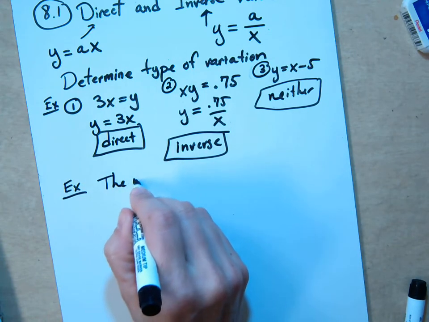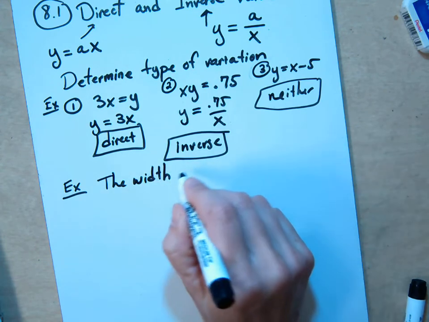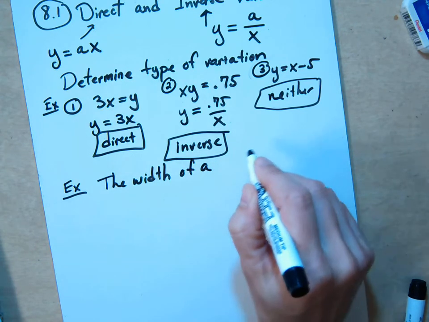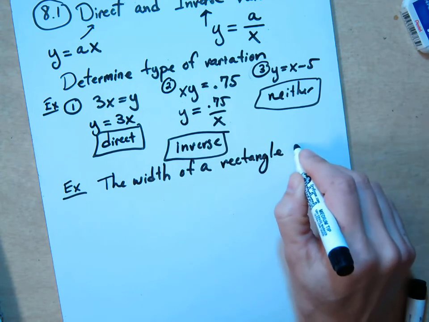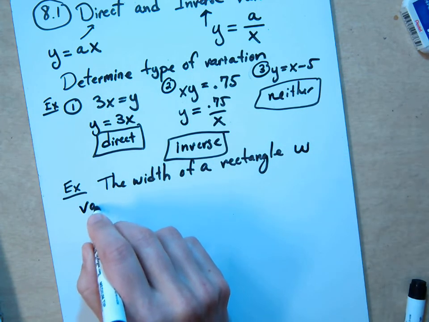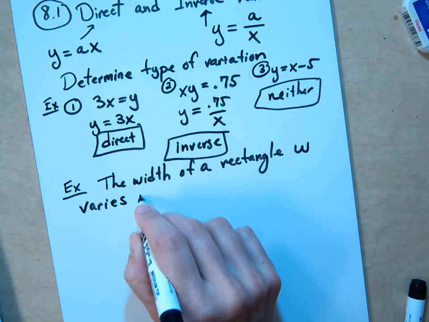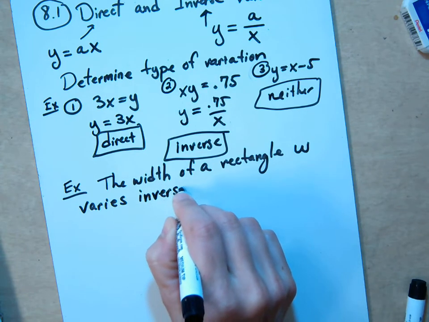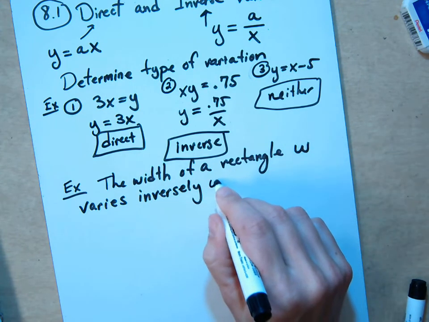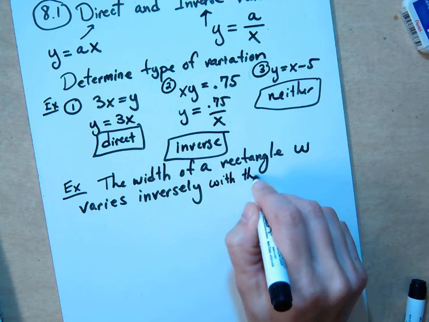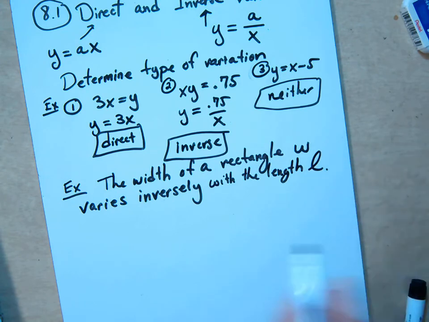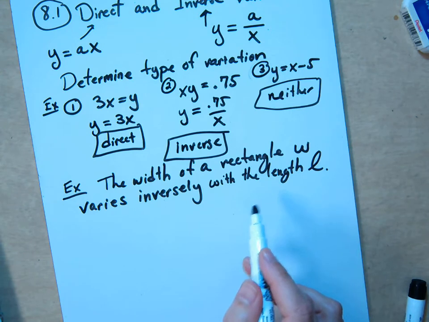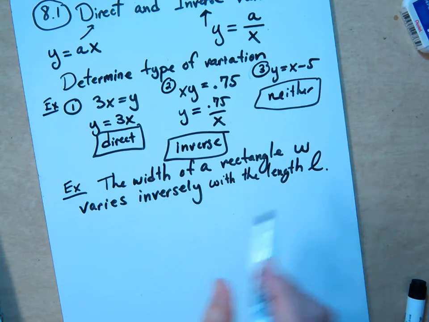The width of a rectangle, W, varies inversely with the length L. Okay, so that's telling you the relationship between the width and the length. The width of a rectangle W varies inversely with the length L.